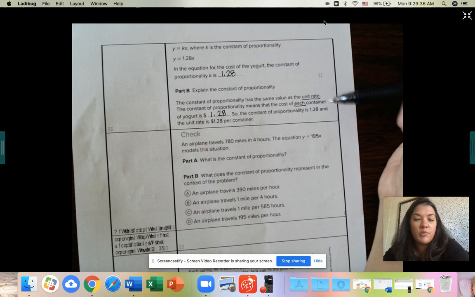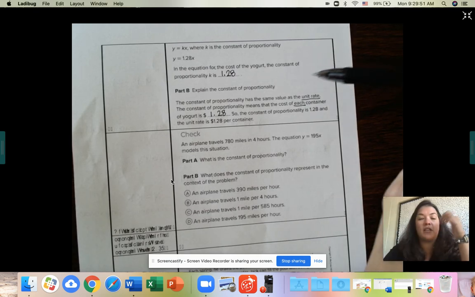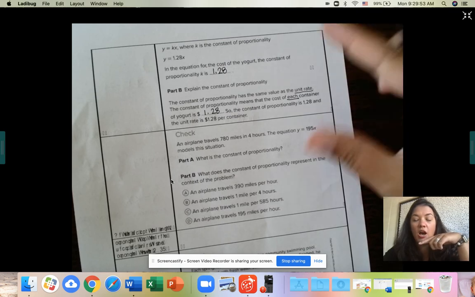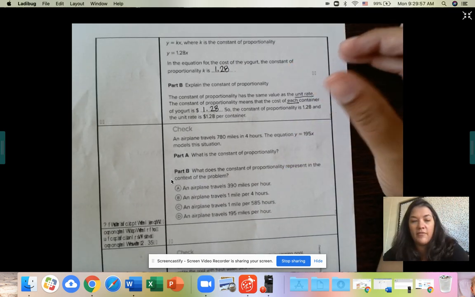So the constant of proportionality is 1.28, and the unit rate is $1.28 per container. Okay. So again, something to remember about that constant of proportionality: it is all about 1. Okay, 1 container of yogurt.